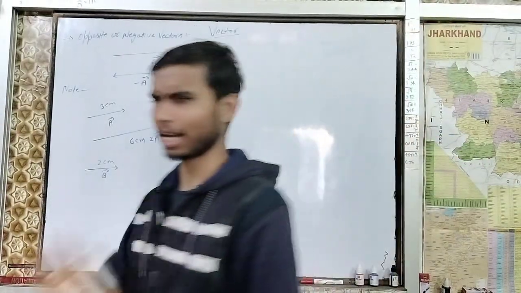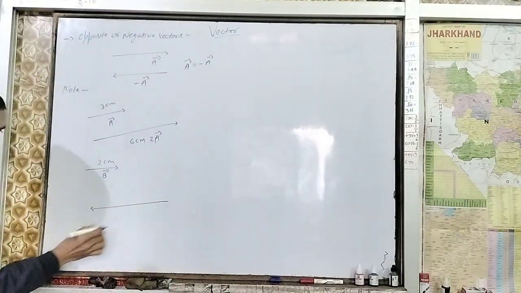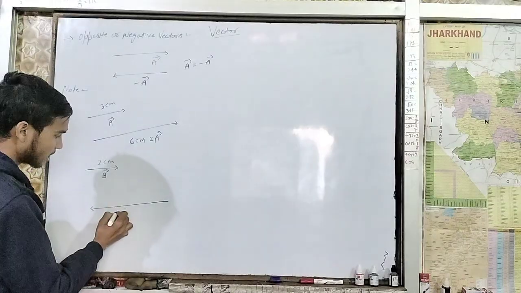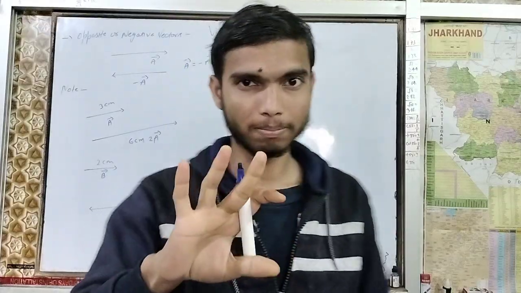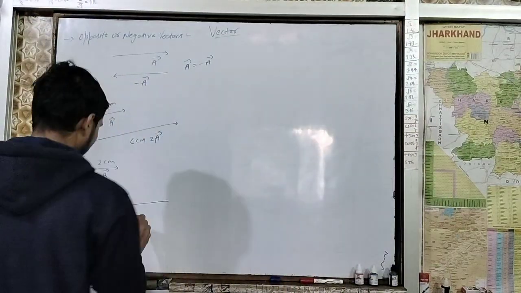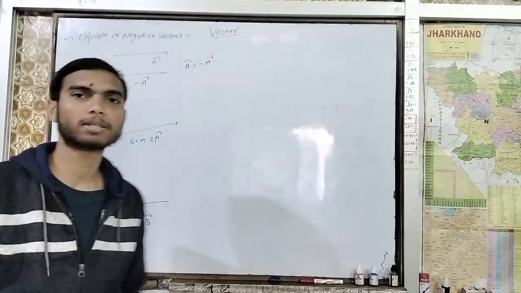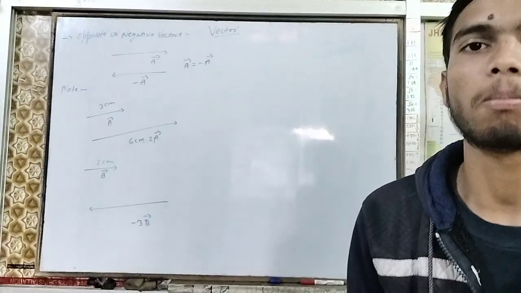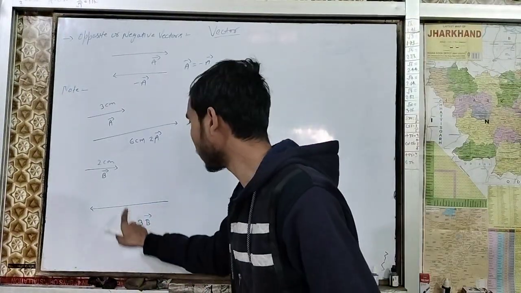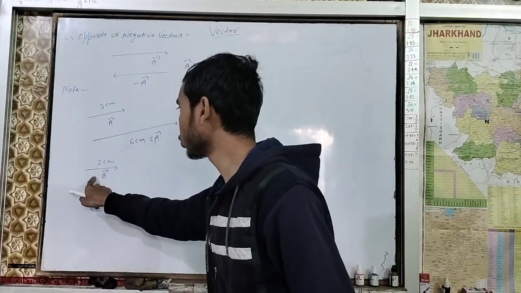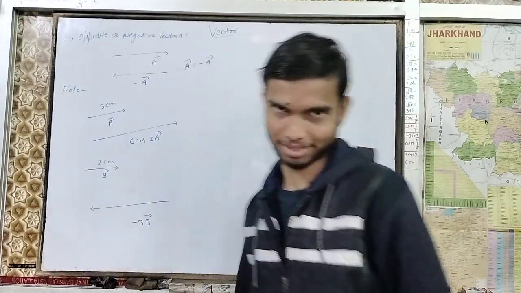So the direction will be backward. One part, second, third. So we multiply by 3, by negative 3. Now you can say minus 3 B vector. 3 is for multiplication, negative is for direction, B is the vector. We multiply 3 by this 2 centimeter, and minus is for the negative direction. Clear?